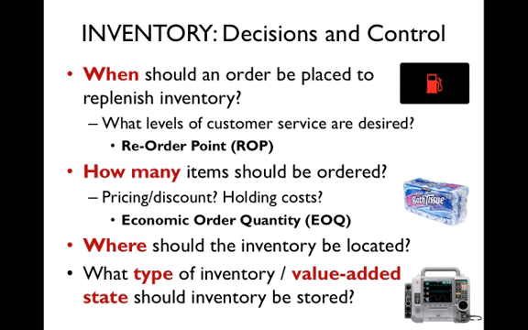So the fourth question here is not necessarily what type of inventory, but more so what value-added state should the inventory be stored in? So should you store it as a complete finished good, or as something a little south of that, maybe more at a component level, so you can still have time to customize that component into an individual end item. As an example, the picture there is of a Physio-Control defibrillator, the LifePak 15.